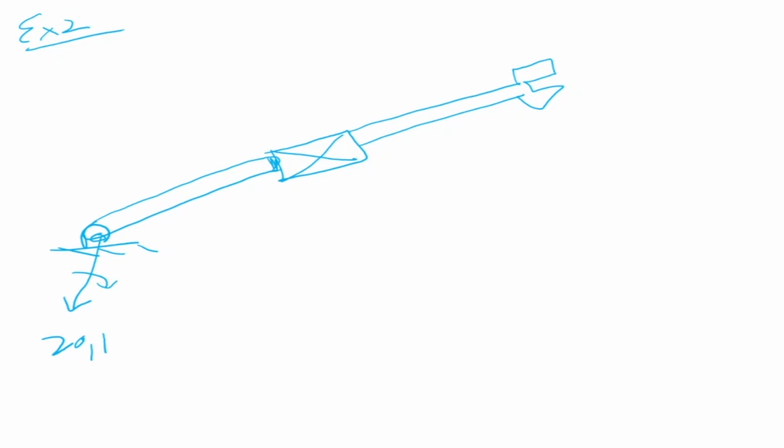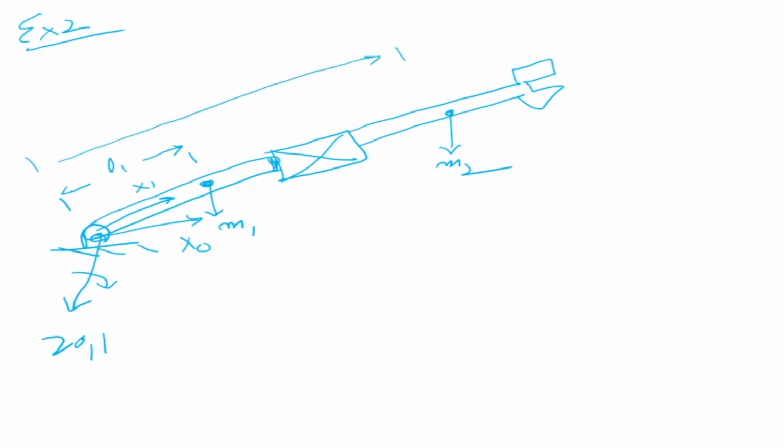This is rotating like this. This is my x0. This is my x1. This is m1. This is m2. It is coming down as m2. Now the distance from here to here is l1, and the distance from here to there is d2. Now it's clearer. And what are the two variables? One is theta1, and the other variable is this d2.